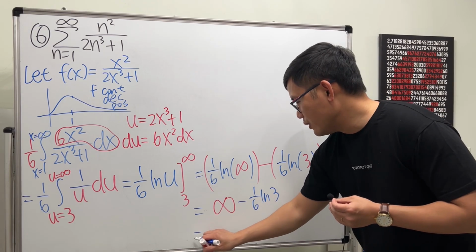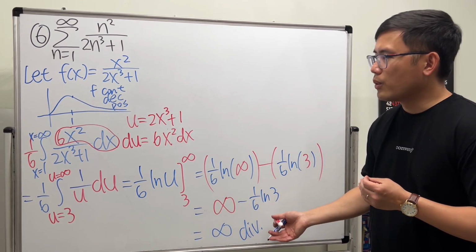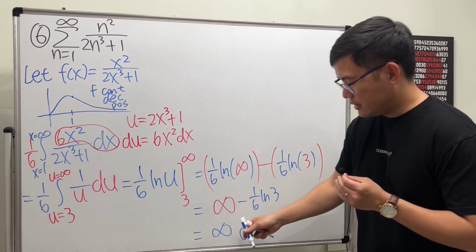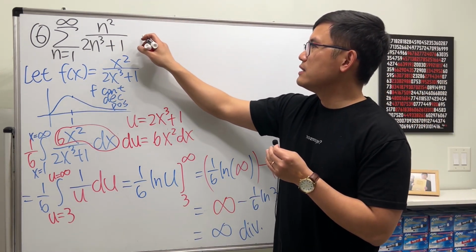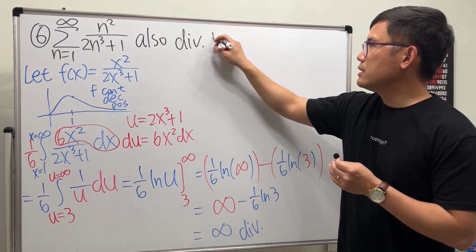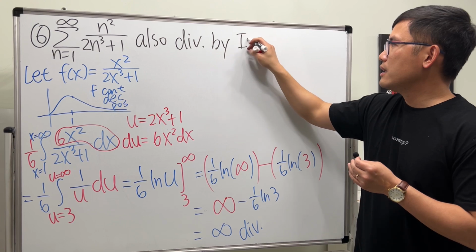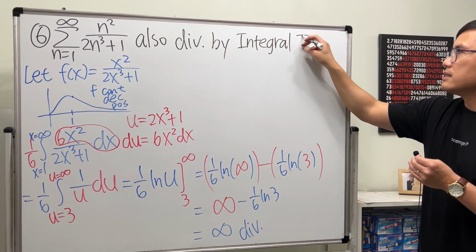So of course, we still end up with infinity. Therefore, this improper integral actually diverges. So we come here and say this infinite series also diverges by the integral test.